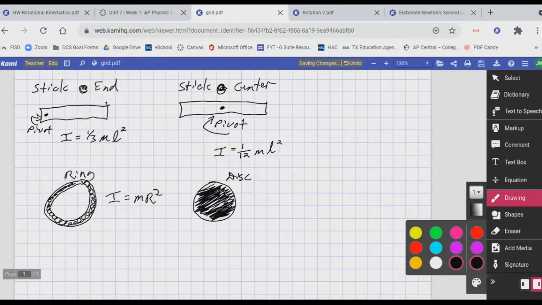We've just smushed it and moved a lot of those atoms, those molecules, closer to the center. Instead of being compact and dense on the outside, now it's distributed nice and even from the middle to the outside edge. So compared to the ring, we're going to have less rotational inertia. In that case, our formula is going to be I equals 1/2 mr squared.